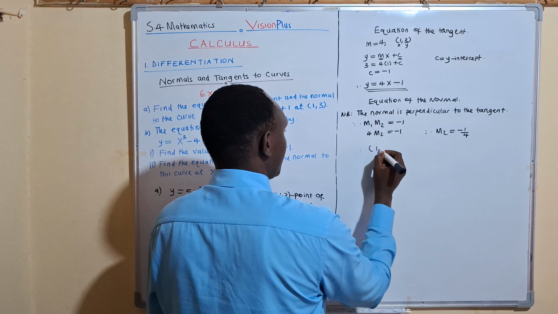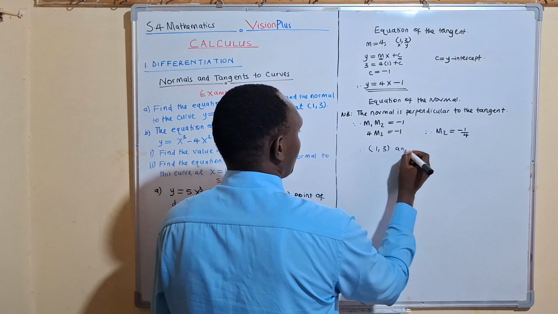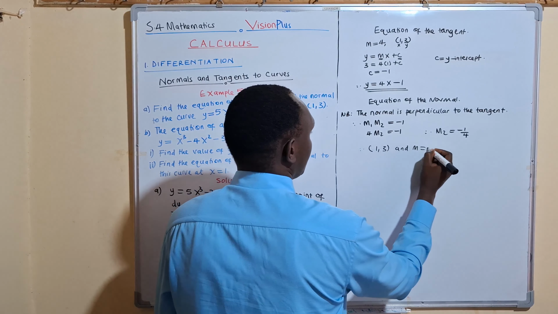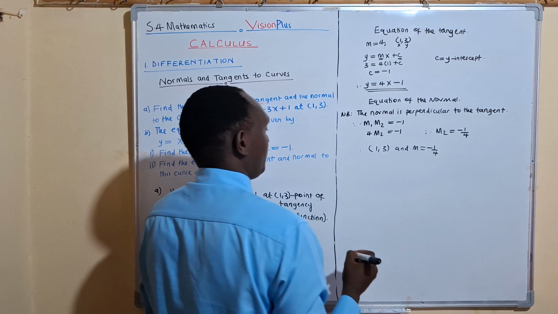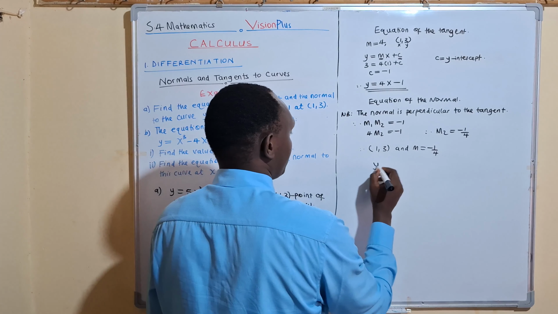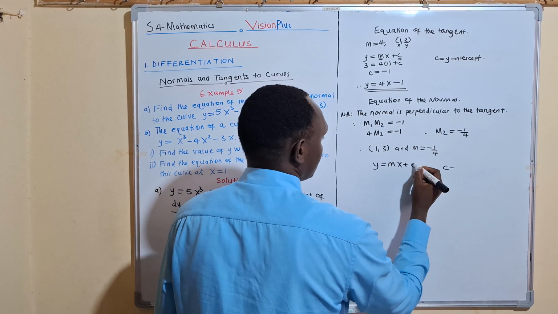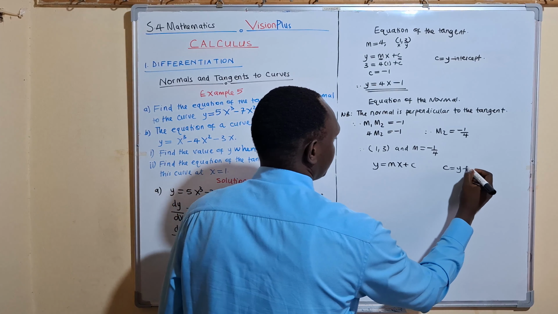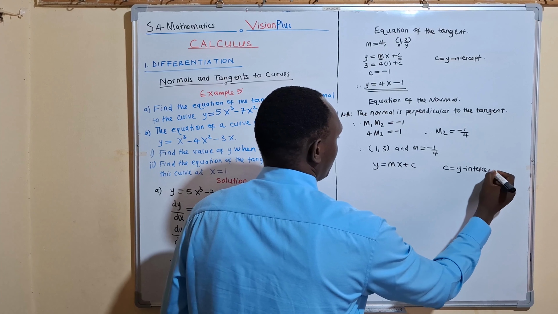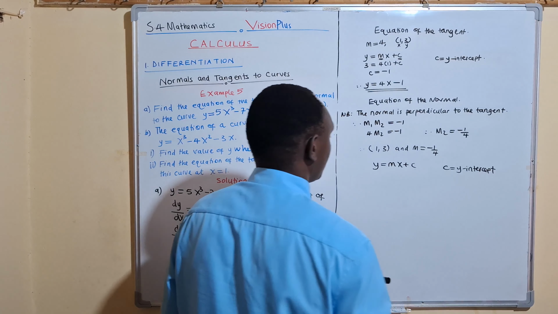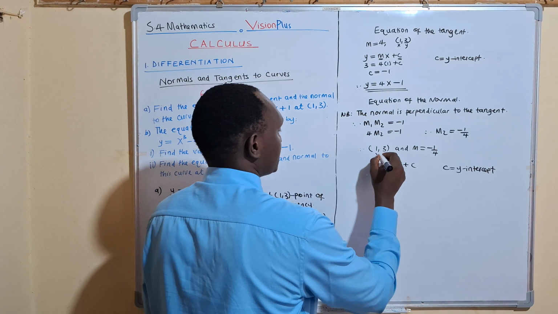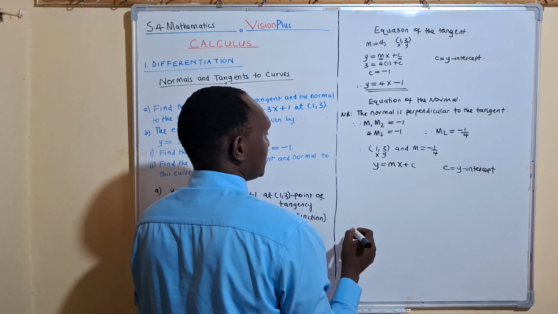So we have the point (1, 3), and then we have m, which is the gradient of the normal. The normal is a line, therefore it is given by y equals mx plus c. And we know that c is the y-intercept. Go to Senior 2 and revise coordinate geometry. So this is x, this is y. We substitute to get c.